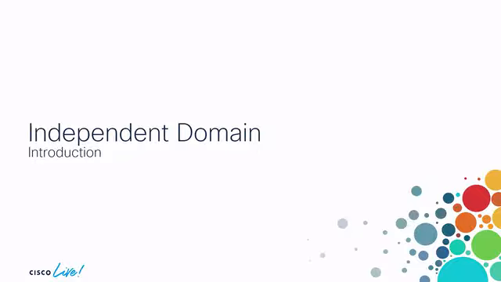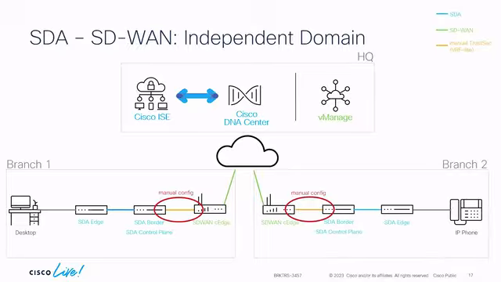So let's go now to independent domain. The simplest, this manual approach. As mentioned, controllers are not connected, so they don't know about each other. SDA is not aware of SD-WAN, and SD-WAN is not aware of SDA. The only thing we do is a manual config, and this is done in order to connect the security constructs together and allow smooth passage of the SGT tags throughout the whole site.